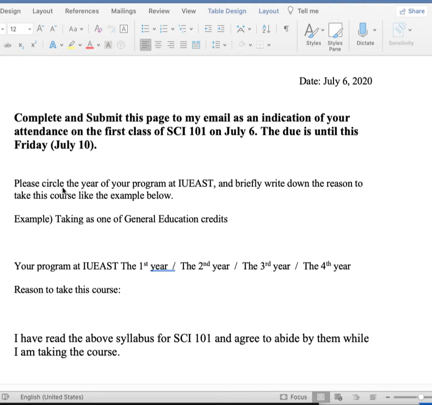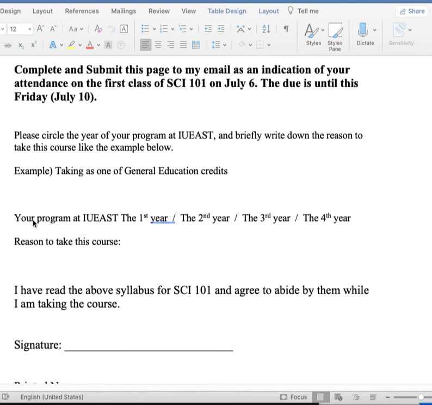Please circle the year of your program at IU West and briefly write down the reason you are taking this course, like the example below. So first, your program at IU West: you are a freshman, or you already attended this school maybe 3rd semester, 4th semester. You simply circle 1 out of 4 and also write down briefly why you are taking this course.